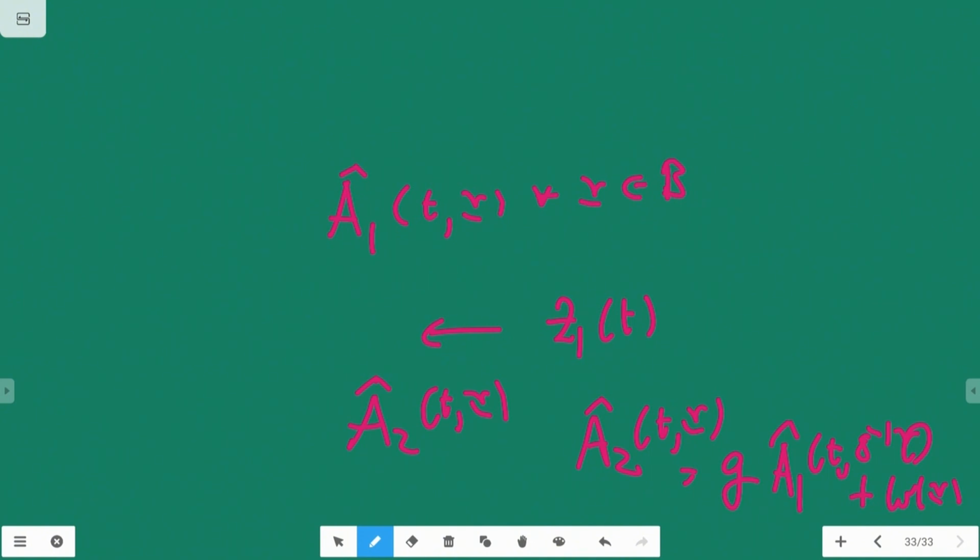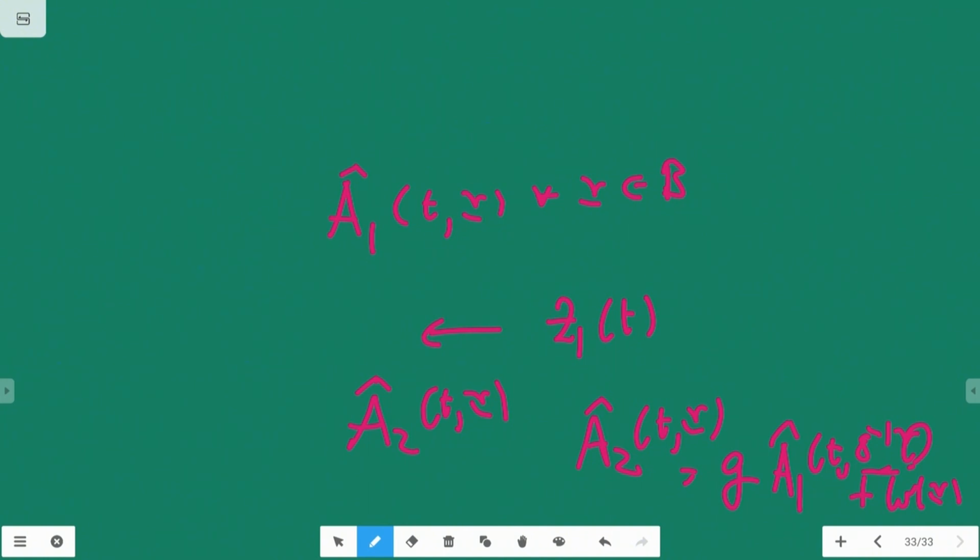Here G is acting on this vector, so it is a representation, right. So what I do, if you want to do it fast, is expand in terms of spherical harmonics. That means you take a sphere of a fixed radius and expand A1 TR on this sphere in terms of the spherical harmonics, which is the same as using the irreducible representation theory for the rotation group.